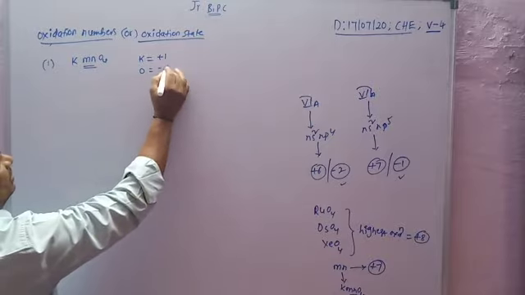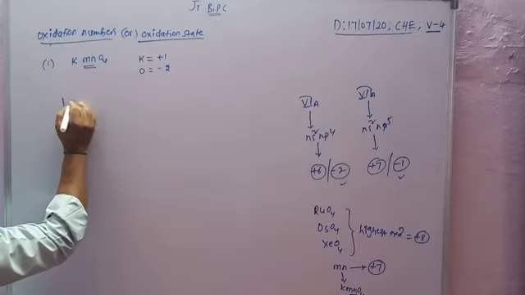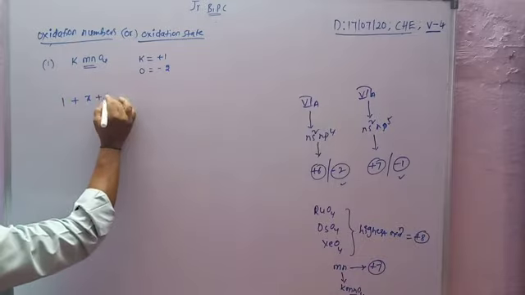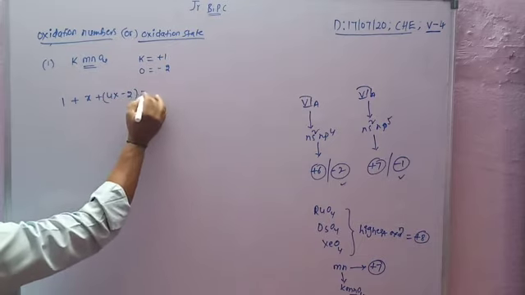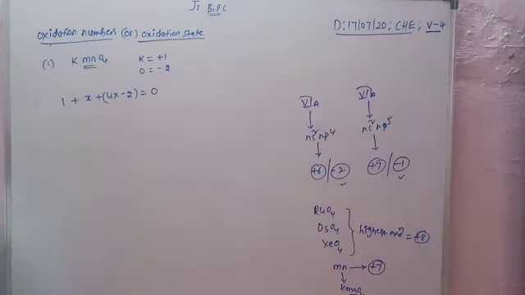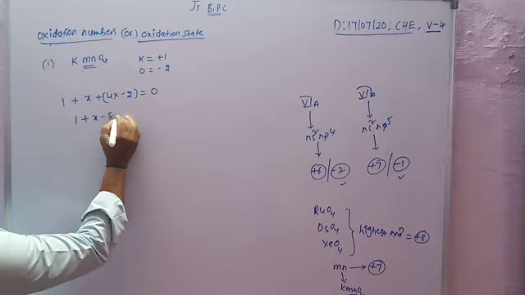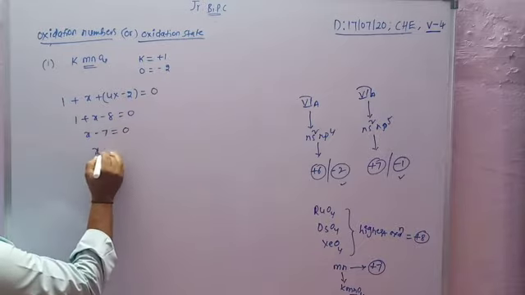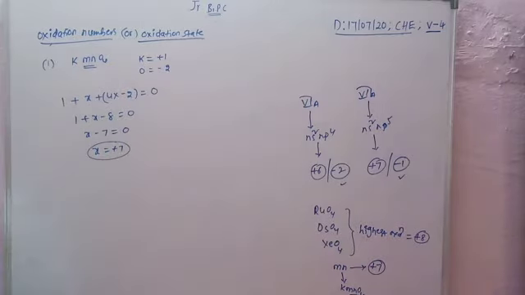Oxygen is -2. So 1 for potassium plus X for manganese plus 4 oxygens into -2, and the sum becomes 0. So 1 plus X minus 8 equals 0, X minus 7 equals 0, so X equals +7.